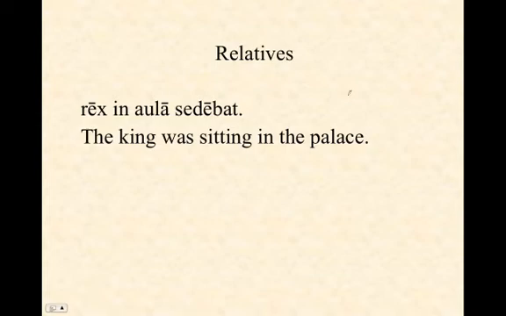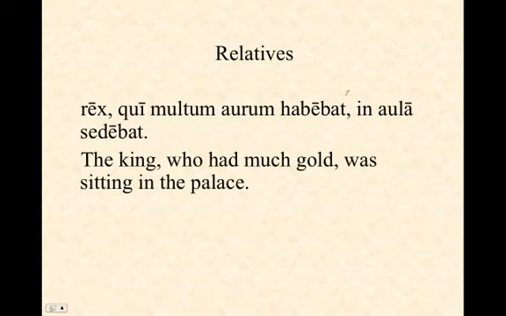Now I'm going to add a relative clause to that sentence. Remember, everything outside this relative clause, introduced by qui and going up to the next comma there, is the main sentence. The main sentence is still that the king was sitting in the palace. But the relative tells us more information. Qui multum aurum habebat.